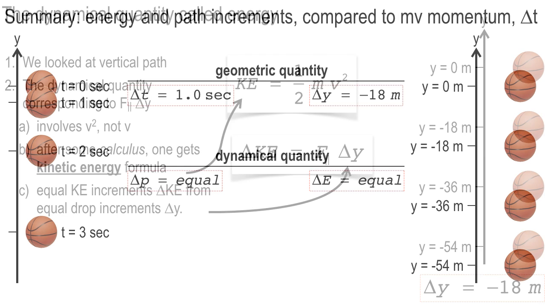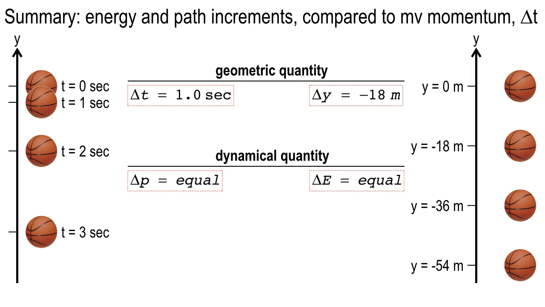So let's summarize here. For both trajectories, we partition by a given geometric quantity. On the left, our tick marks are not mile markers, they're second markers for the basketball falling straight down: t equals 0 seconds, t equals 1 second, and on down to t equals 3 seconds.